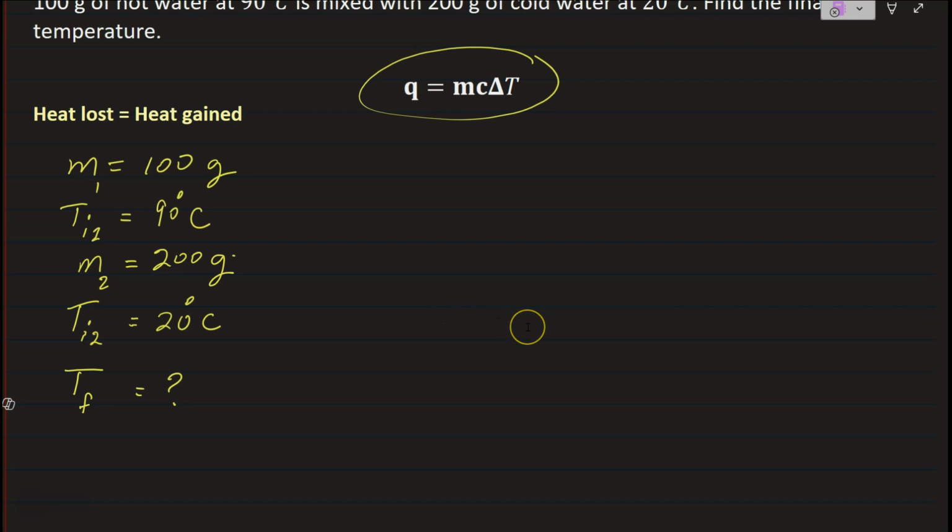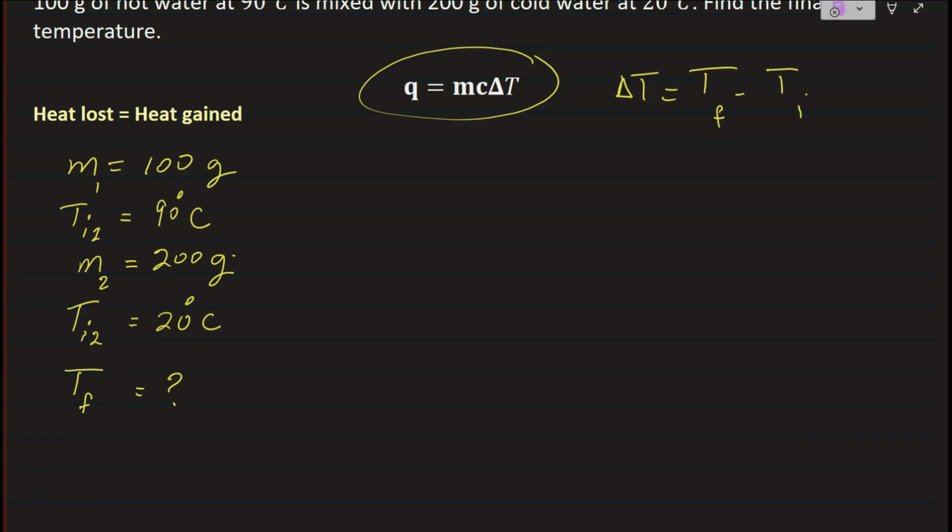Now we're going to rewrite this formula for both the heat loss and heat gain. Now, knowing that delta T, remember, delta T is T final minus T initial. The T final for this mixture is the same for both. Okay, that's what that will be. So let's write it up.